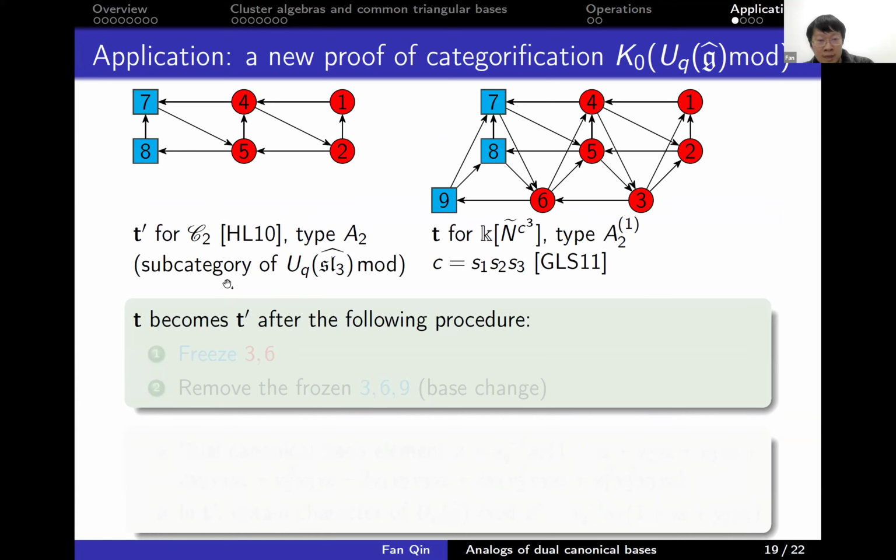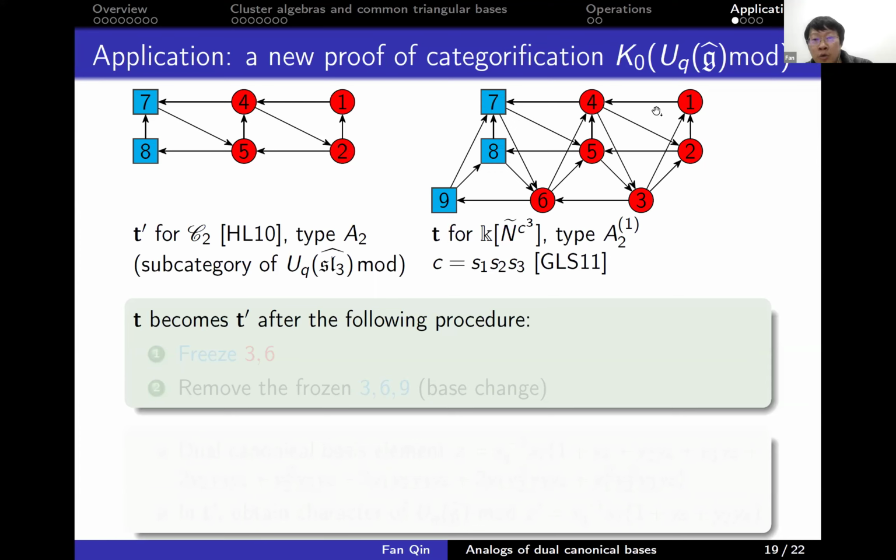When one studies the subcategories of quantum affine algebras, U_q(sl3 hat), it appears in the work of Hernandez and Leclerc. So the cluster algebra here is isomorphic to the Grothendieck ring of some category. And we already know this cluster algebra very well from previous work, but assume that we do not know that. Today we have a different way to consider it using the quantum groups.